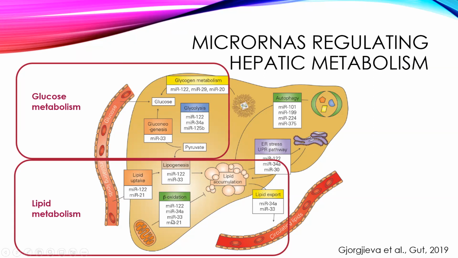These microRNAs can also regulate all of the processes involved in lipid metabolism, such as lipid synthesis, lipid degradation, lipid import and export. All of these processes are deregulated in NAFLD.